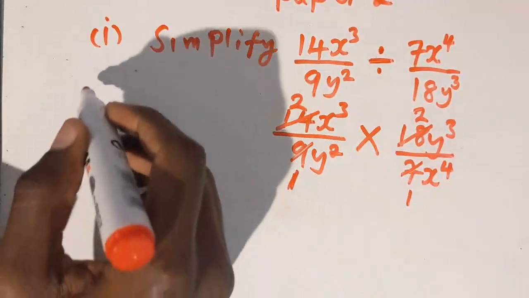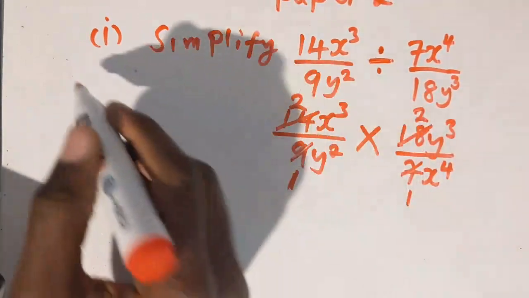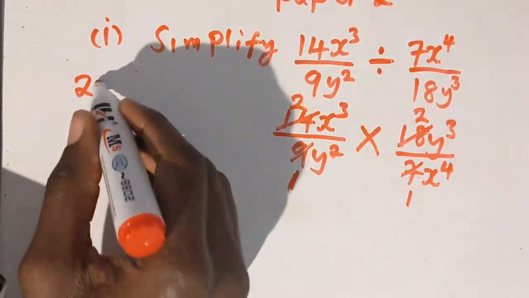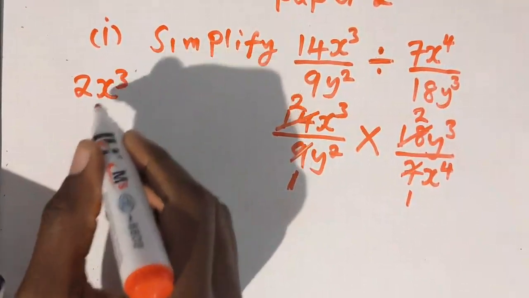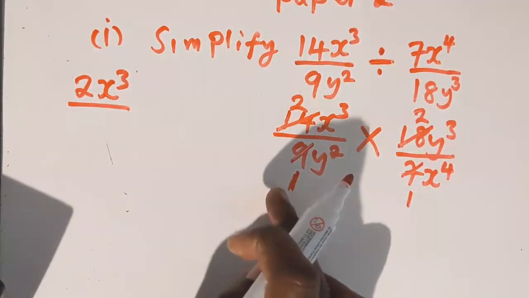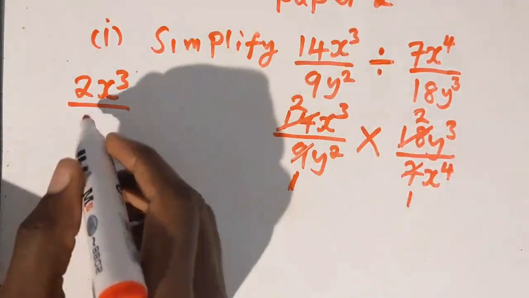Let me write it here. What has remained is 2, then there is x to the power 3, then over y. So this is 1 times y, it is just y squared.